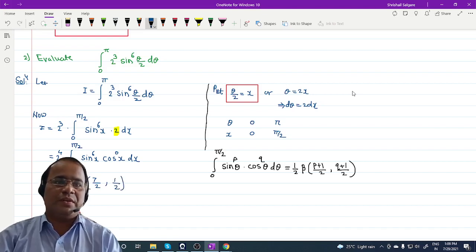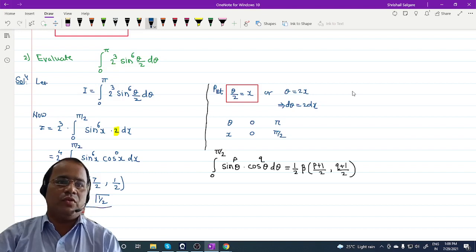Further, 2 raised to 4 divided by 2 raised to 3 comes as 2 raised to 3. It can be written as gamma of 7 by 2 into gamma of 1 by 2, that whole divided by gamma of 7 plus 1 is 8, divided by 2 is 4.